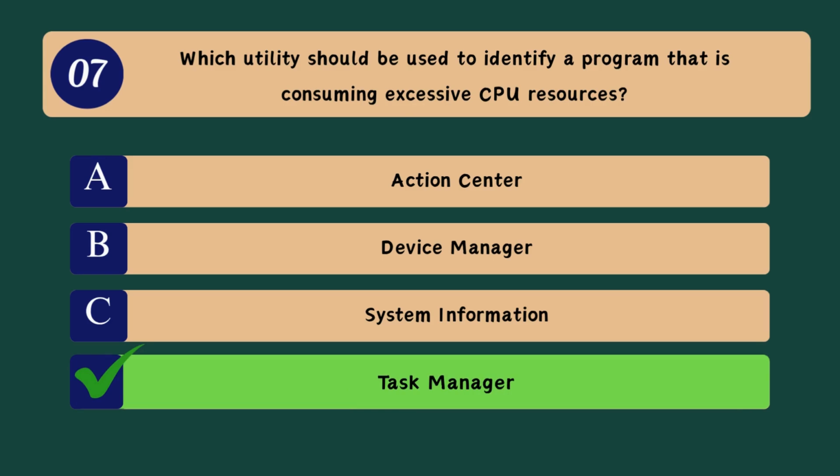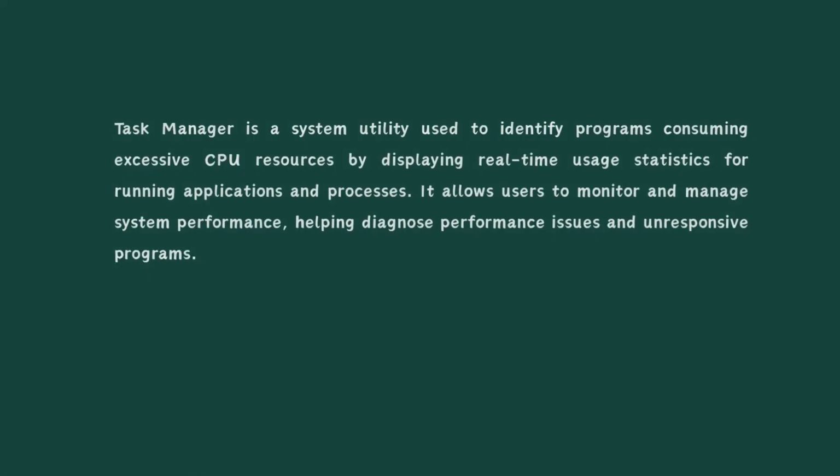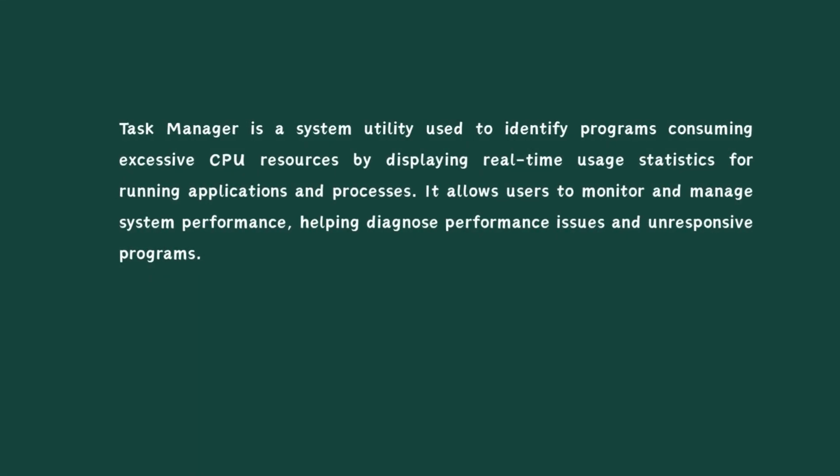D. Task Manager. Task Manager is a system utility used to identify programs consuming excessive CPU resources by displaying real-time usage statistics for running applications and processes. It allows users to monitor and manage system performance, helping diagnose performance issues and unresponsive programs.